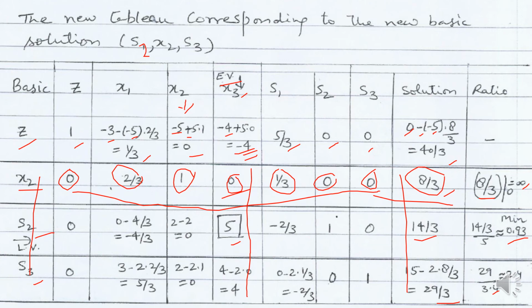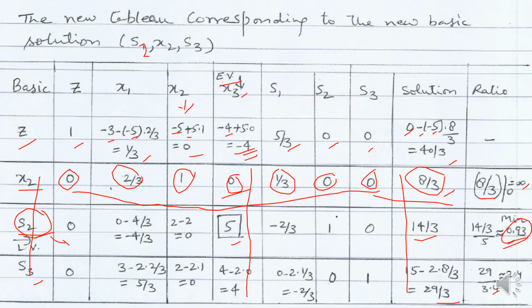So this is 29 upon 12, not 7. So this one is the minimum, and the corresponding variable is the leaving variable, that is S2.